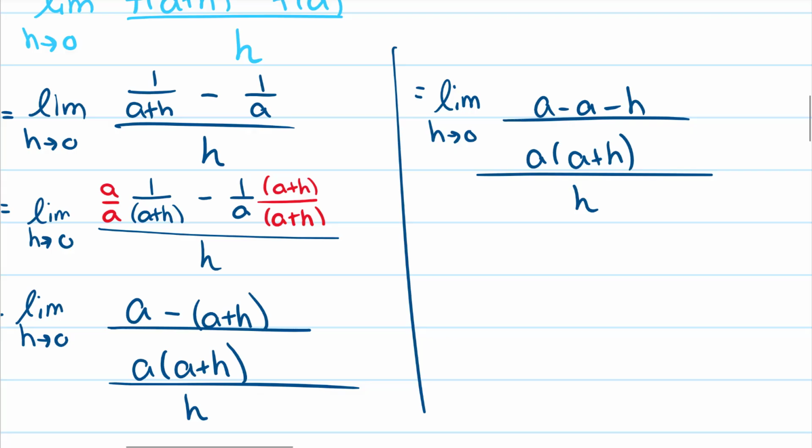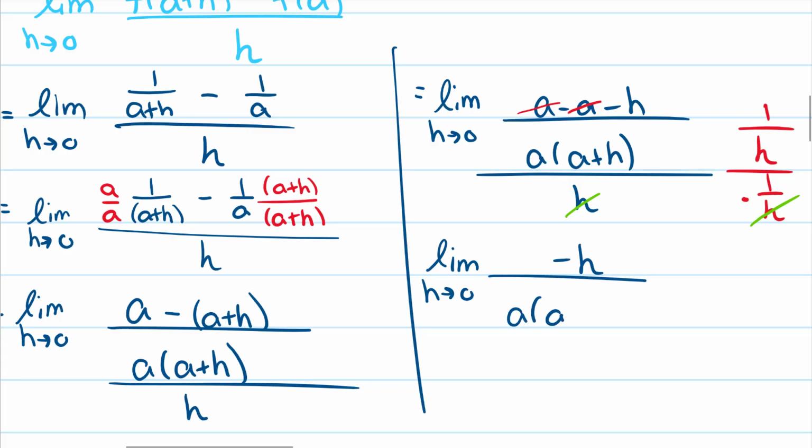So at this point, my a's are going to cancel off. And I'm also going to multiply by 1 over h over 1 over h. This is going to allow my other denominator to reduce off. And I get this is the limit as h approaches 0 of negative h divided by a times a plus h, divided by h.